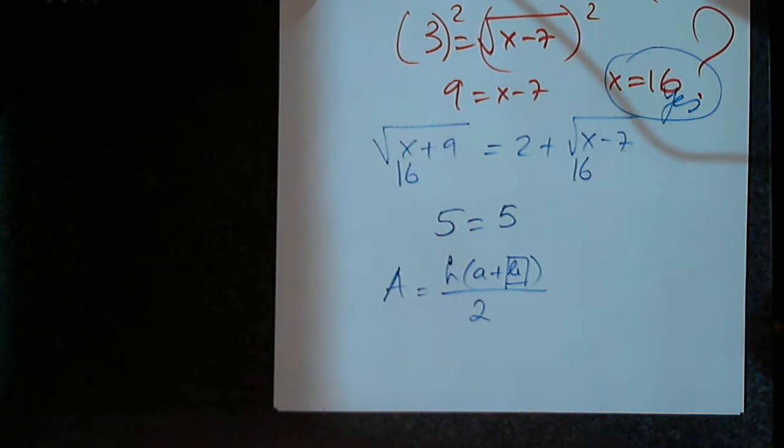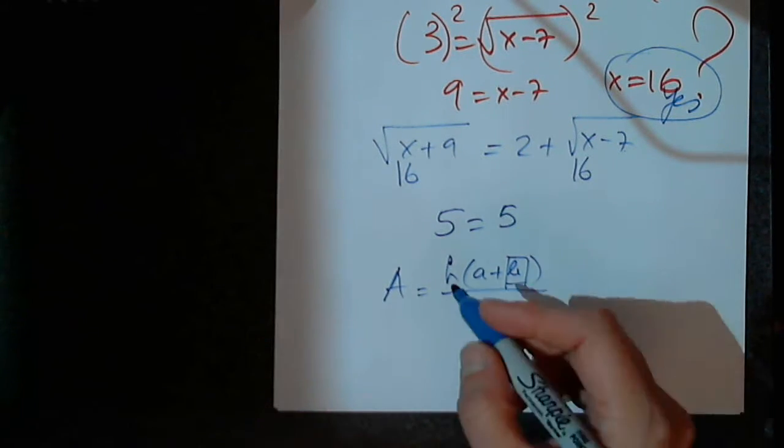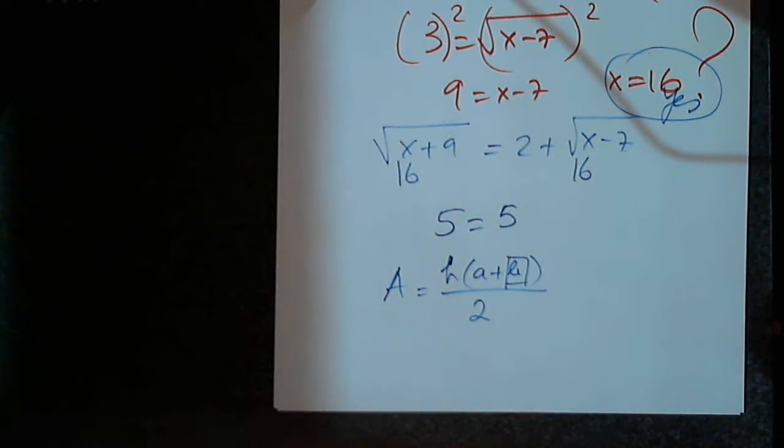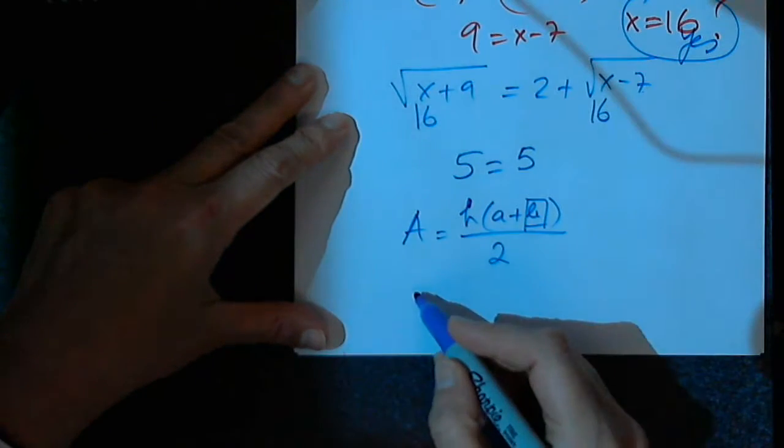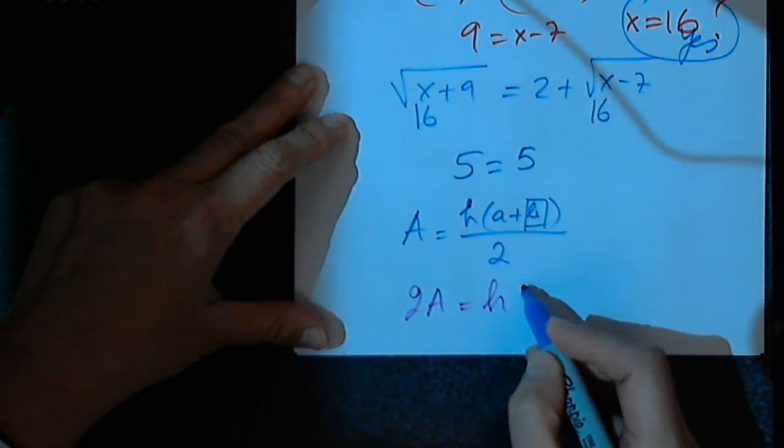So we have A equals h times (a plus lowercase a, lowercase b), everything divided by 2. We're asked to solve for lowercase b. Yes, of course, I will multiply everything by 2. I agree.